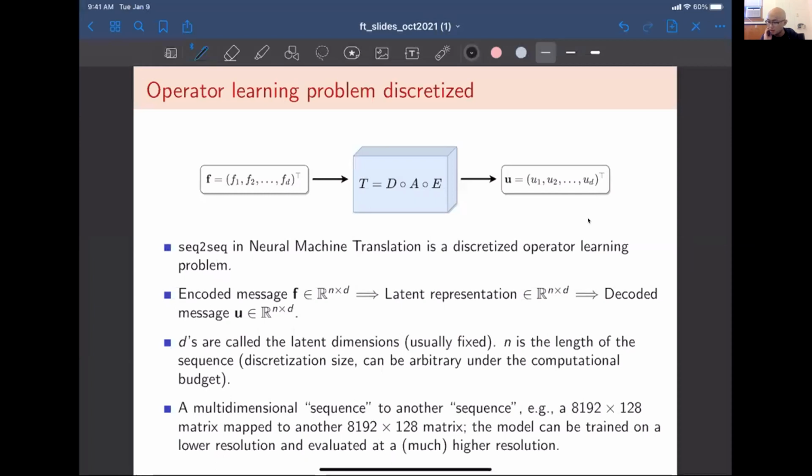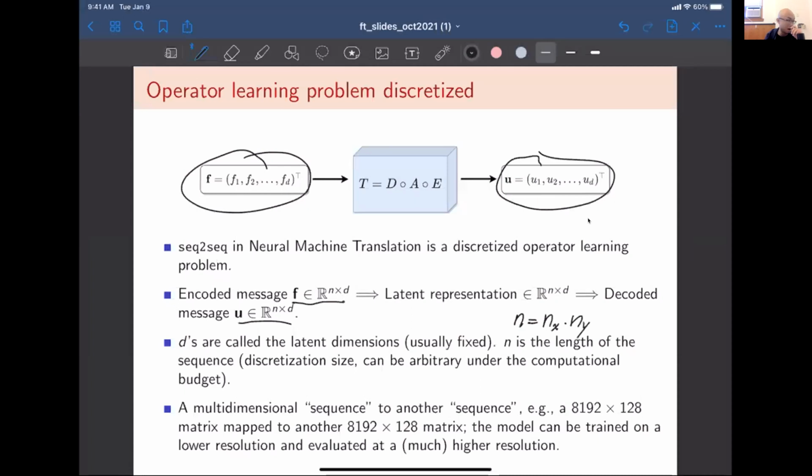Basically we have a sequence right here, and we want to give another sequence. By the way, this F is, like we said here, a matrix, and our output is another matrix, and this N is called the sequence length, or if we think in 2D, it's more like, for example, nx times ny.